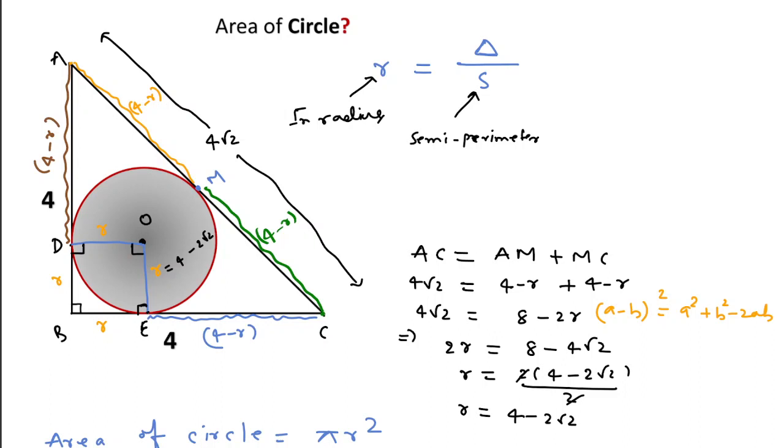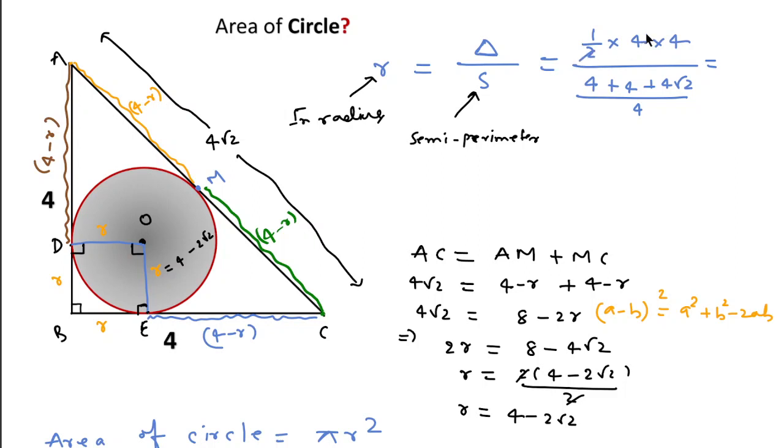Using this formula we can find the area of the triangle. This right angle triangle will be 1 by 2 base into height. Base is BC which is equal to 4, and height is AB which is also equal to 4, and semiperimeter will be 4 plus 4 plus AC length, that is 4 root 2, divided by 2.